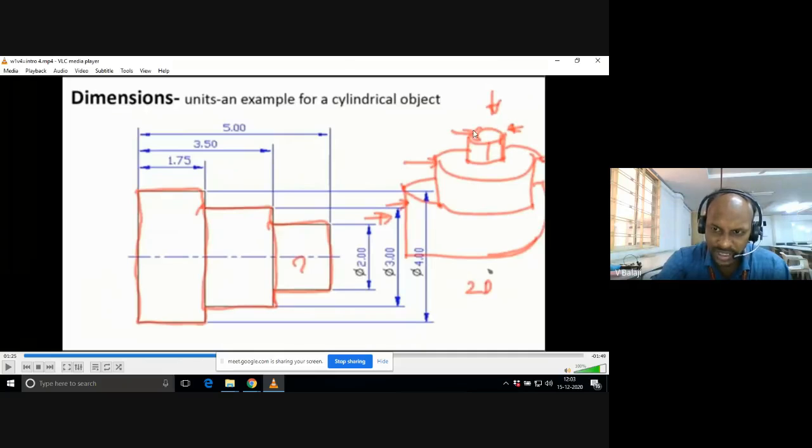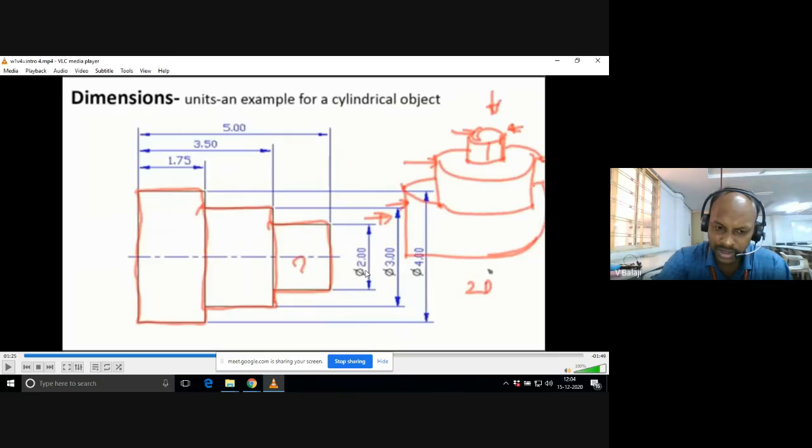Now since its top view has cylindrical portions, while putting the dimension, see here, what are these two units? It's not simply its length, it's its diameter, right? So you need to put a phi symbol.